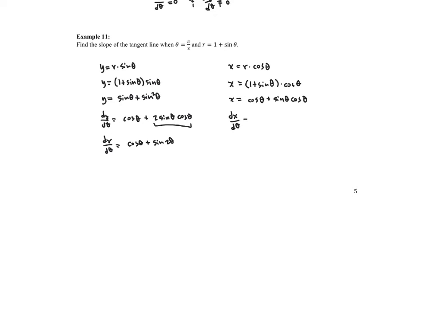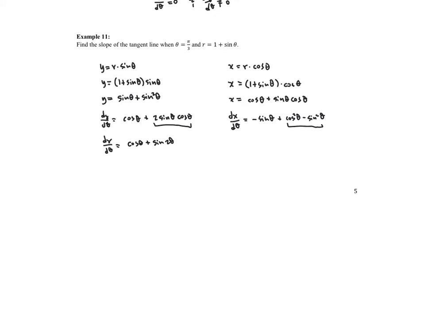dx d theta will equal negative sine theta. And then I've got to do a little product rule here, so that'll be kind of messy, but I'll get cosine squared theta, and then I'll get minus sine squared theta. Ooh, that's cool. I see an identity there.